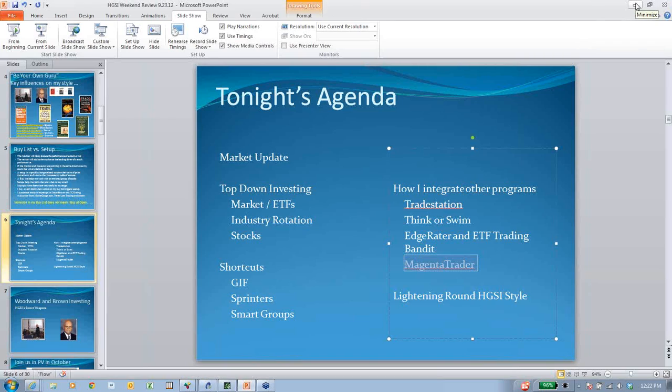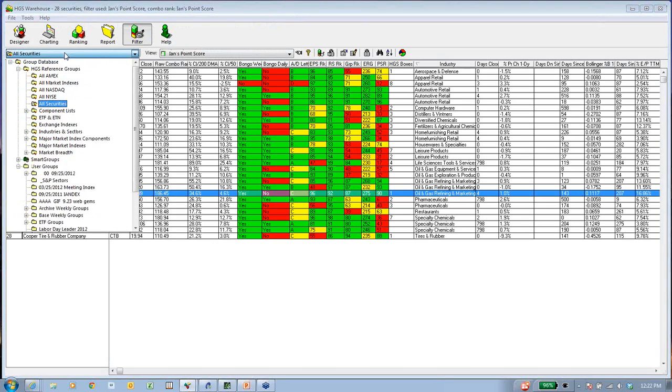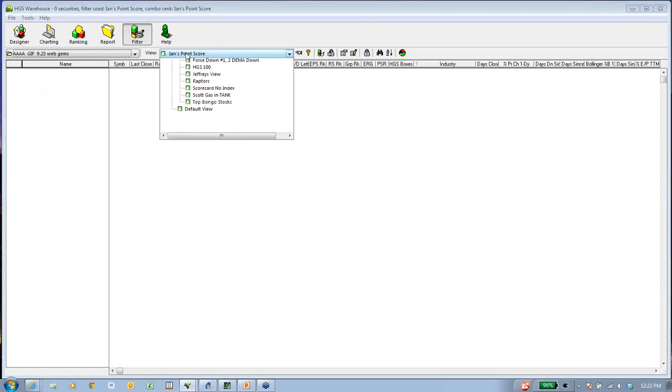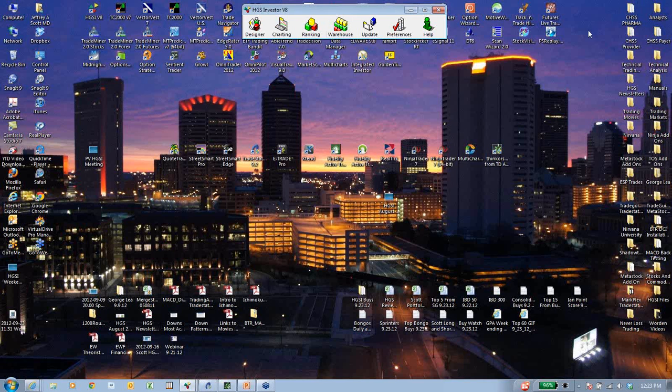And I'm a big fan of seasonals, and of the programs out there, Magenta is the best. So let me just take a look at it, and let's test some of those web gems. Now, just because a stock doesn't fit from a seasonal perspective.